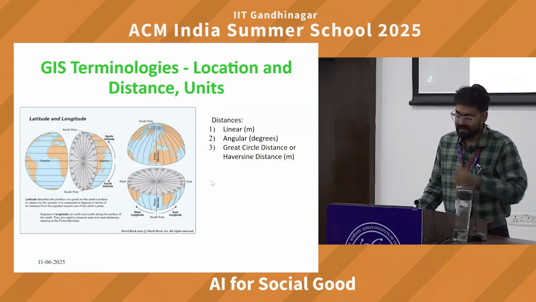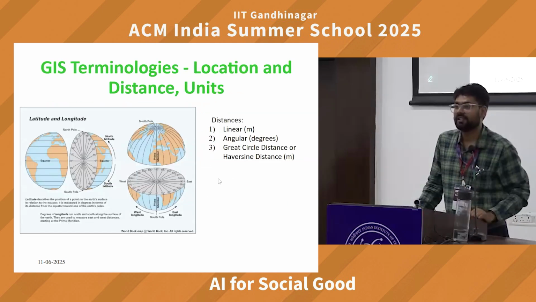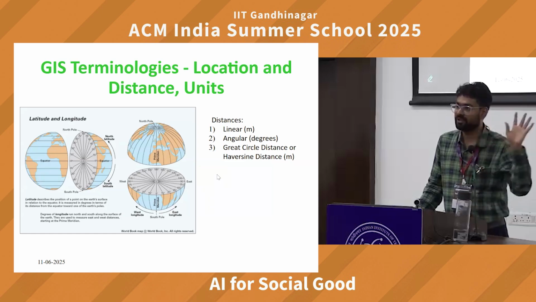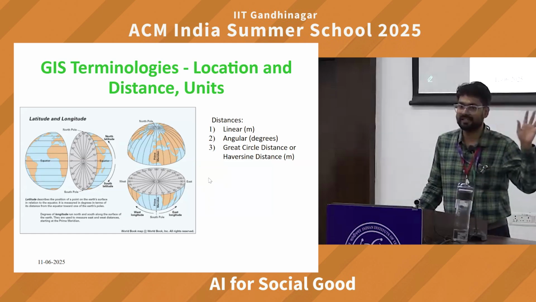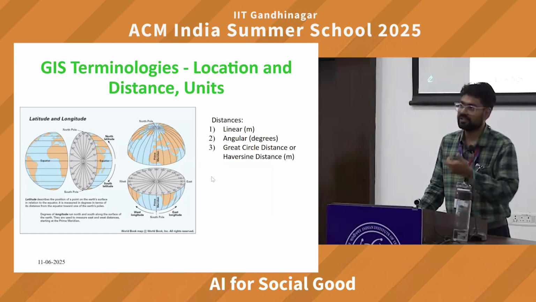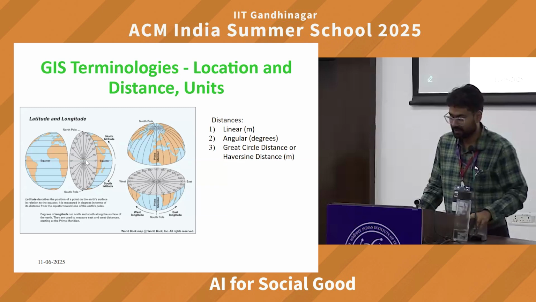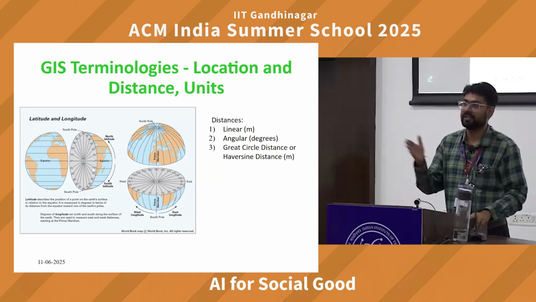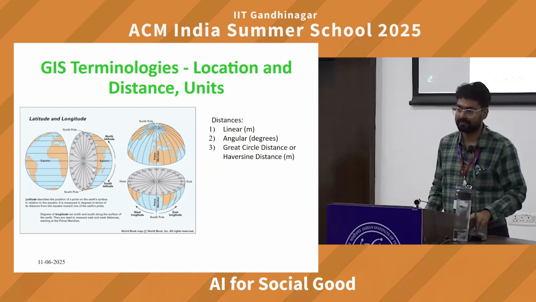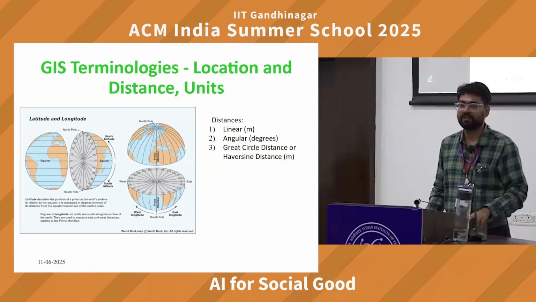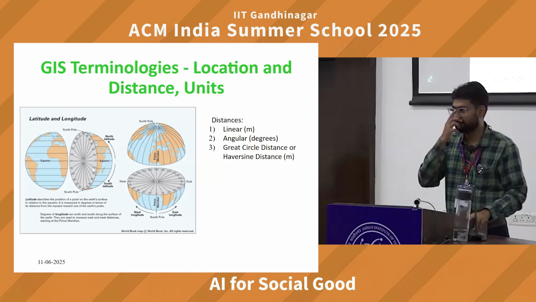First, we start with the common GIS terminologies. In your school days, you must have gone through latitude and longitude. Just to refresh the concept, latitude is an angular distance from the equator, whereas longitude is an angular distance from the prime meridian. Why do we use latitude and longitude? Can anybody tell?